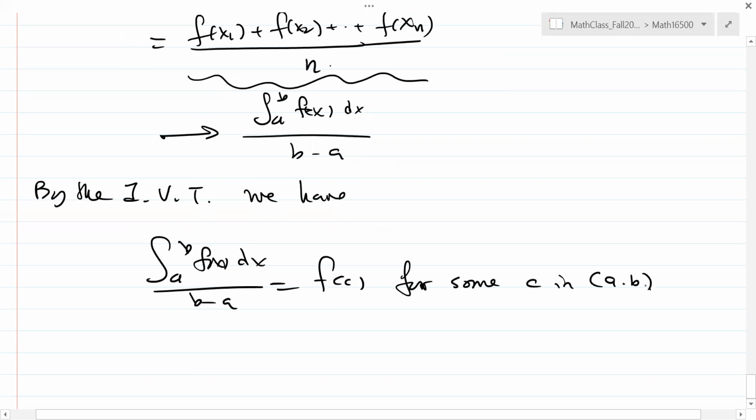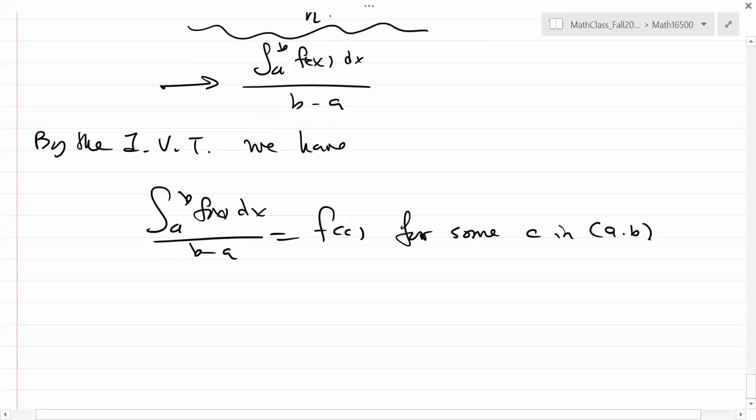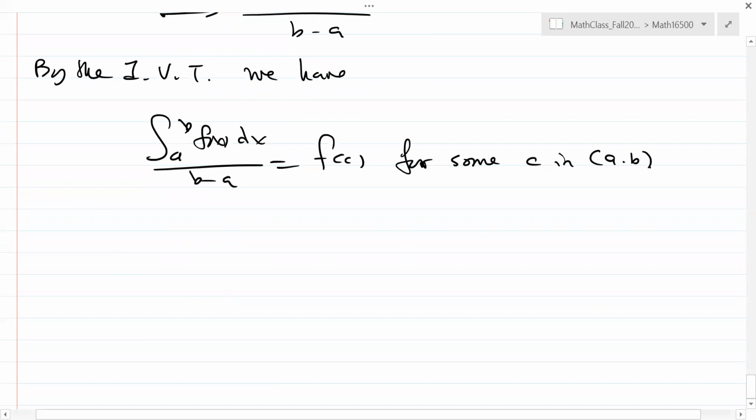This is another mean value theorem. Compare with the one about the average rate of change, right?